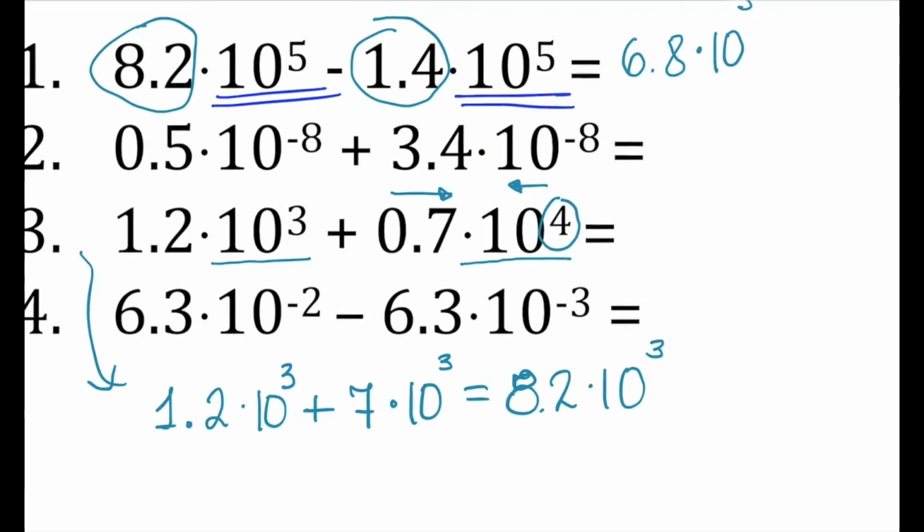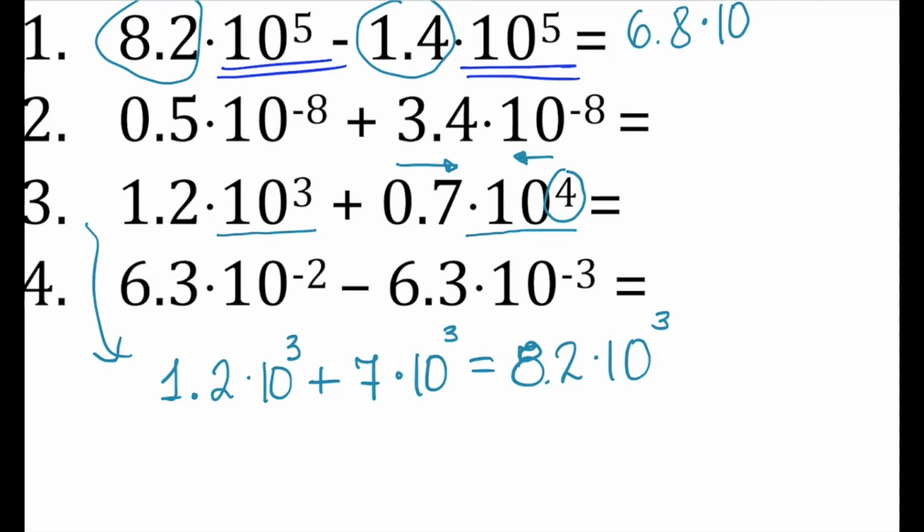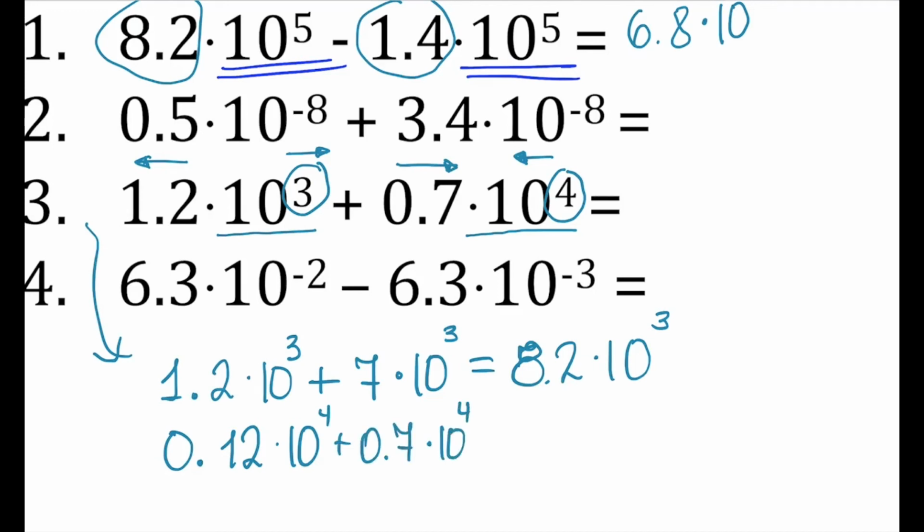My other option is to actually bring this one higher. So if I move that to the right, then my decimal point needs to move to the left in the meaningful number, and that will be 0.12 times 10 to the fourth plus 0.7 times 10 to the fourth.